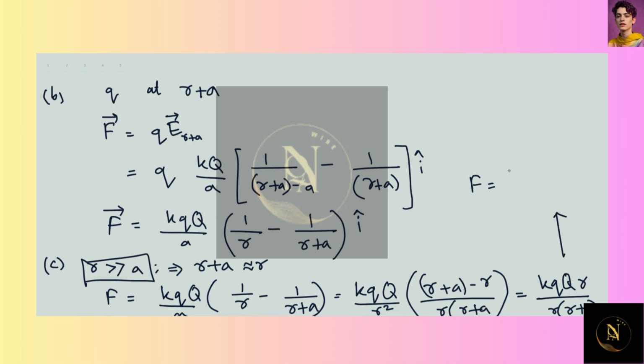F will be equal to kQq times a over r times r, and this gives the force to be equal to kQq over r.